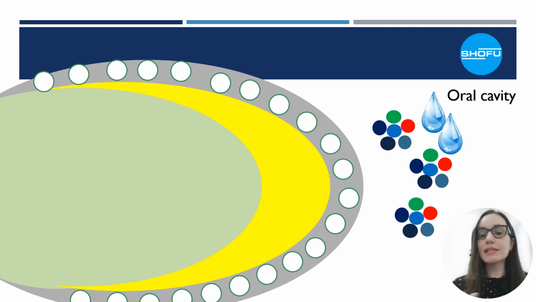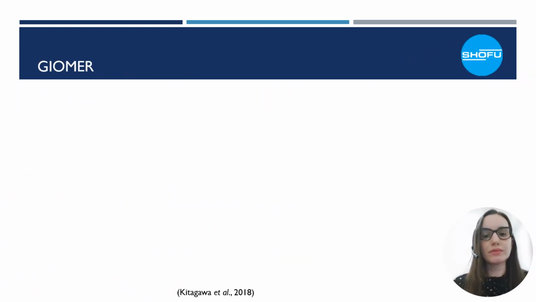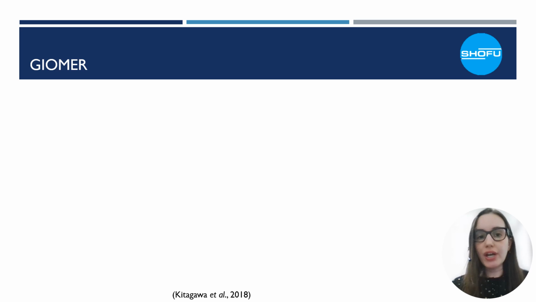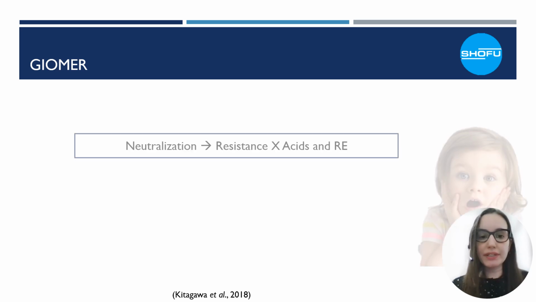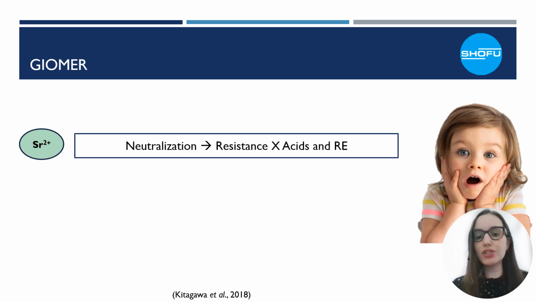So these six ions will be released to the oral cavity. And what's the function of each ion? Each ion will play an important role in the bioactivity of the material. Let's take a look at what each ion will do.